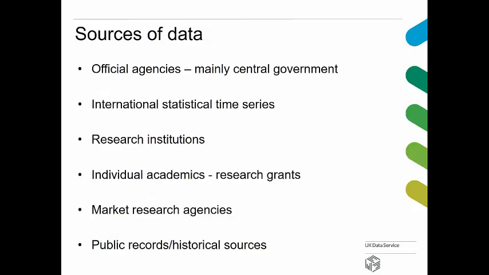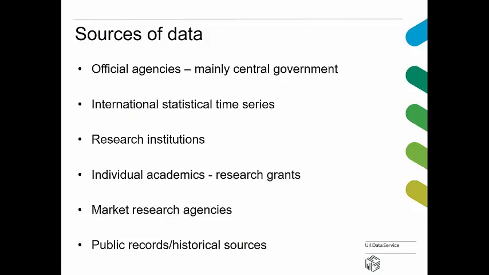Where does it come from? Well, again, that varies depending on the data type, and some of these sources you see here, including agencies and statistical time series, those are clearly from sources for quantitative data. Most of our qualitative and mixed data come through individual academics, which are usually funded by research grants. So this is often the ESRC, but not exclusively.